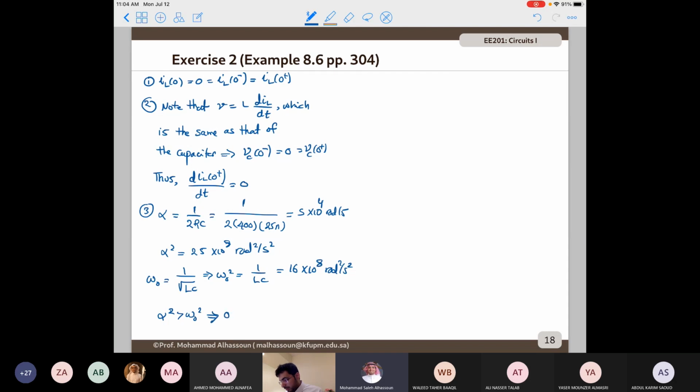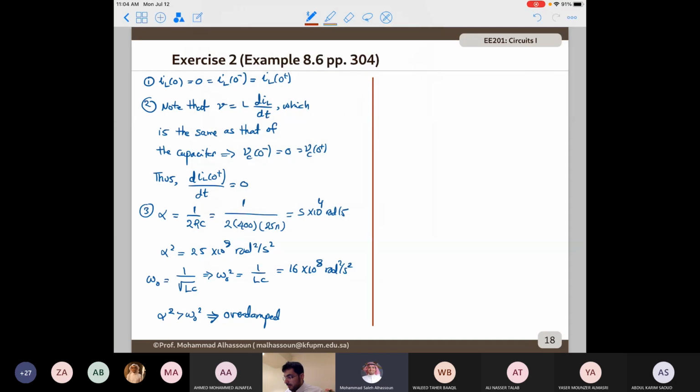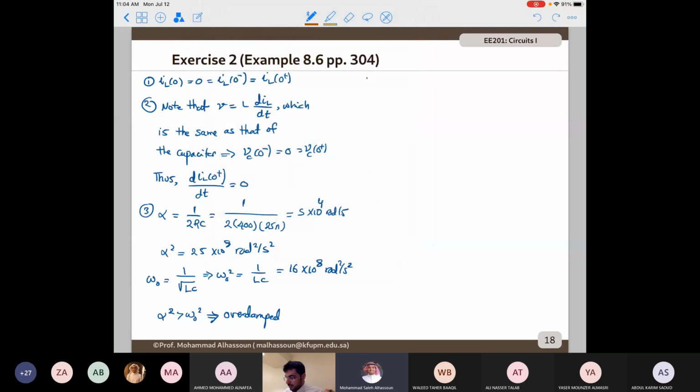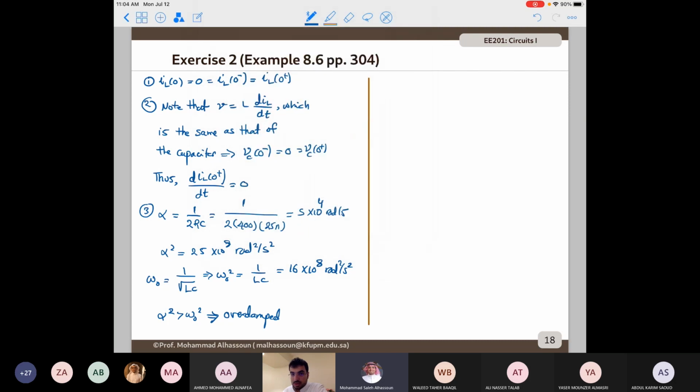So we have an overdamped response. If we have an overdamped response, what kind of roots do we have? Ibrahim? Real roots. Yes, exactly.